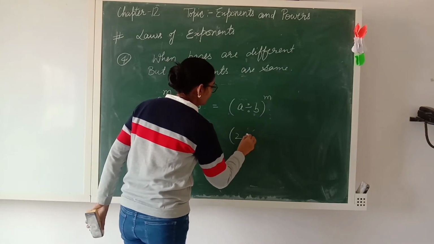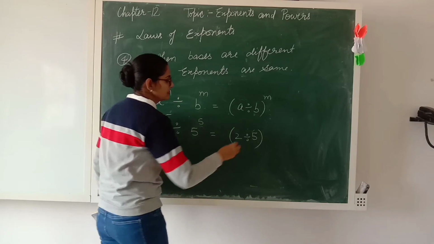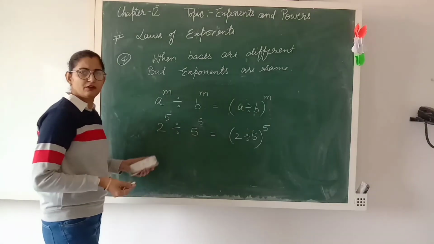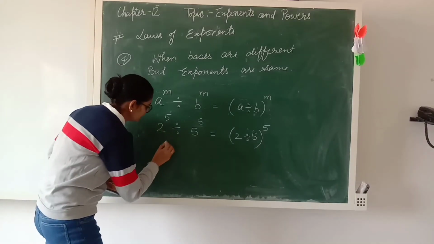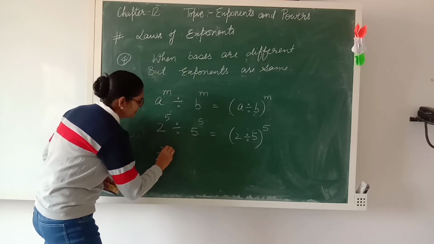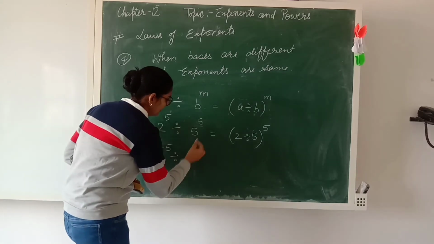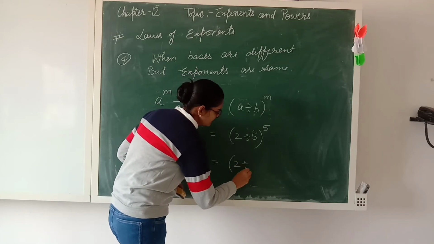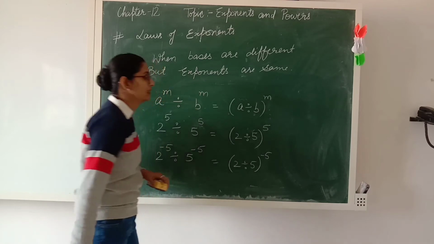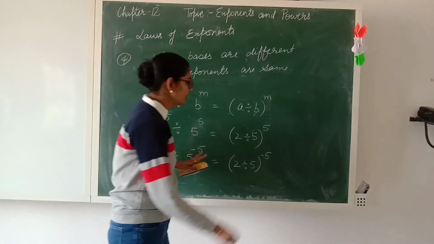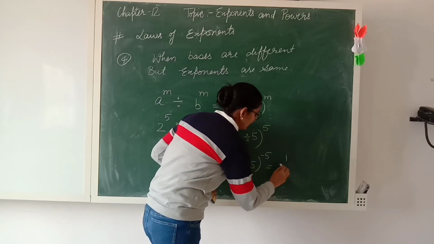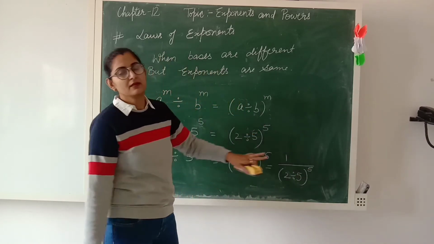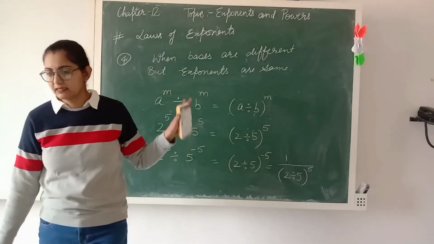You have to just divide 2 by 5 and exponents are same. 2 divided by 5 and its power, or you can say the exponent, is positive 5. Okay, so these are the laws.